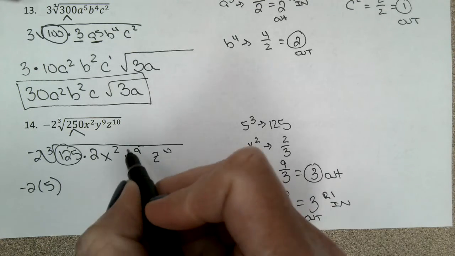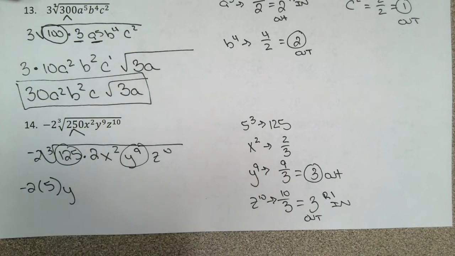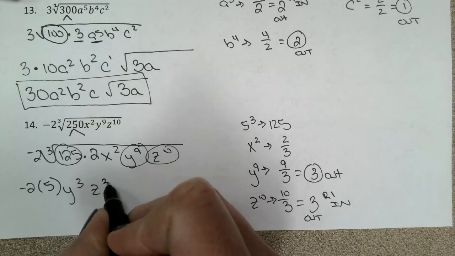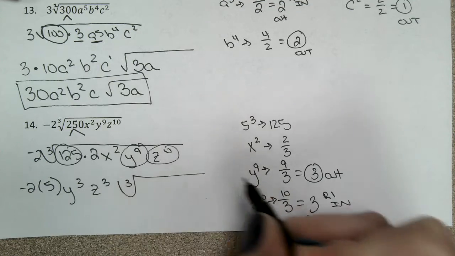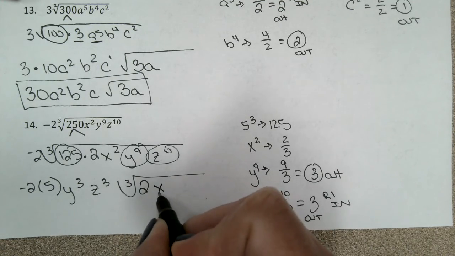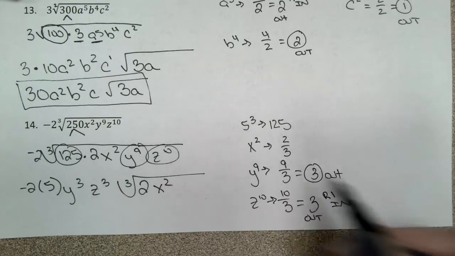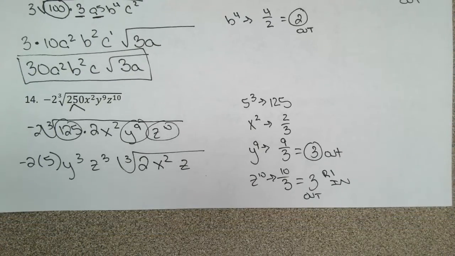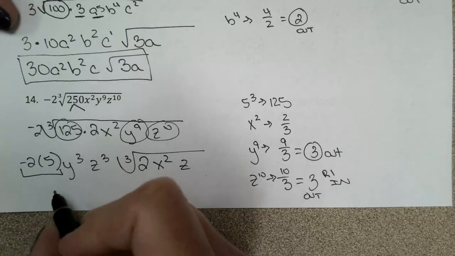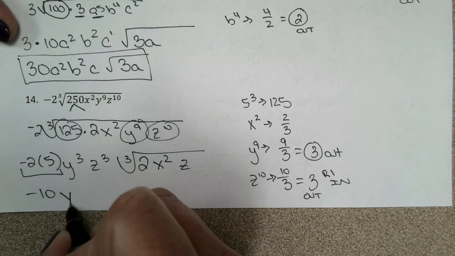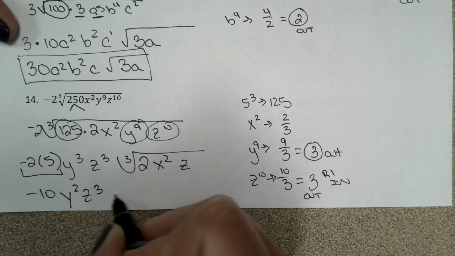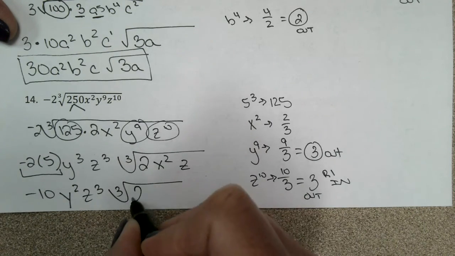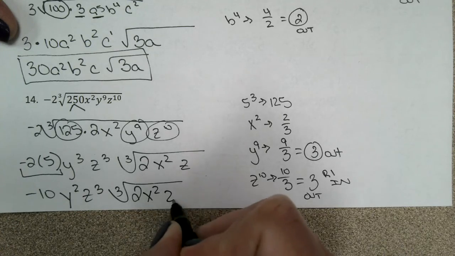What else is coming out? Some y's and 3 z's. So I have a 2x squared z still under the radical. I'm going to finish this off by multiplying these two and get negative 10 y squared z cubed, the cube root of 2x squared z.